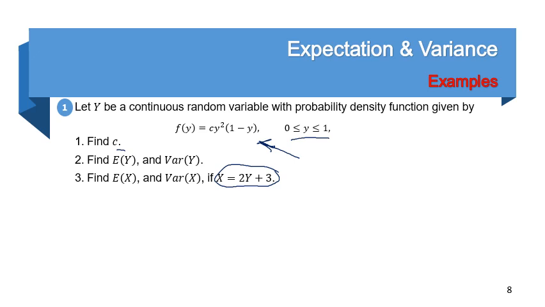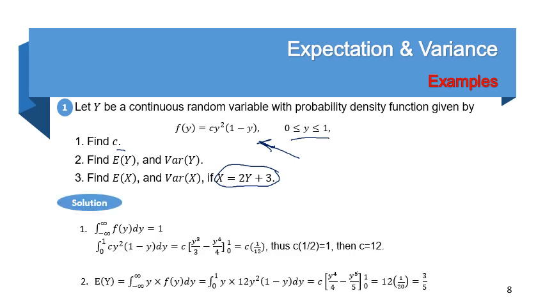All you have to do is integrate f of y, the density function, and equate the integration with 1, as we did in the previous part number 1. Here, as you see in our solution, we are integrating the density function and equating the integration to 1. You have to multiply the y squared inside the bracket first, then integrate each part.